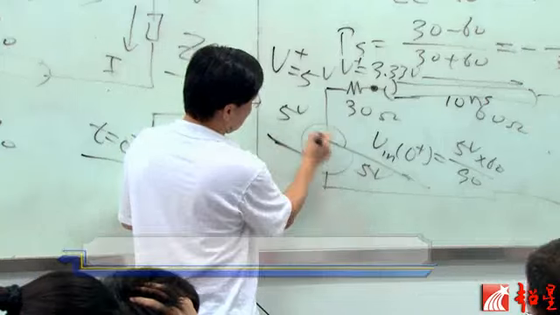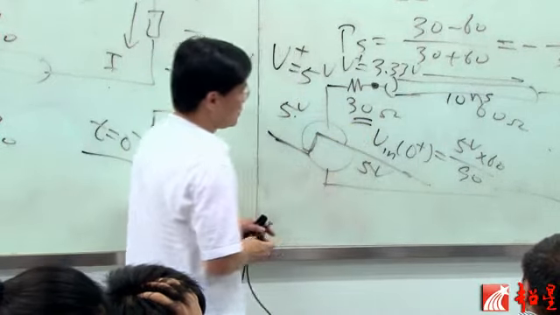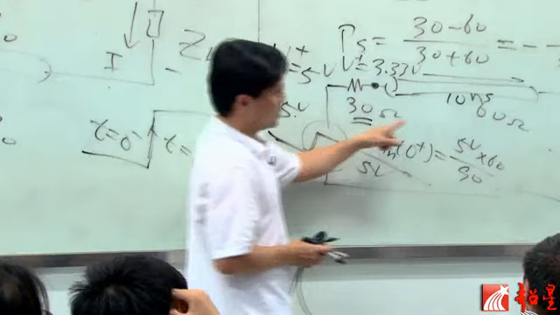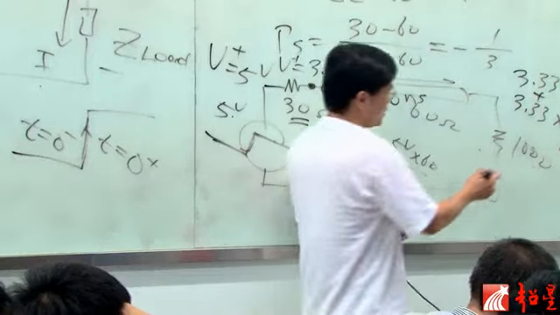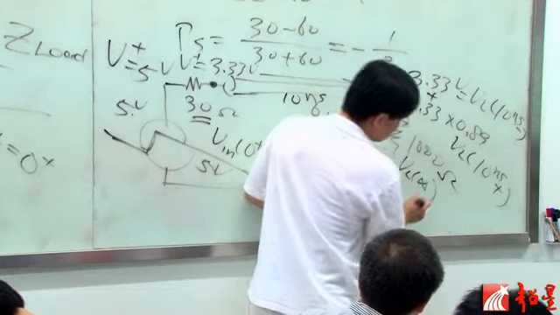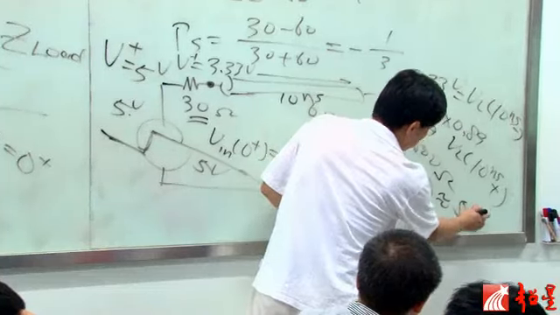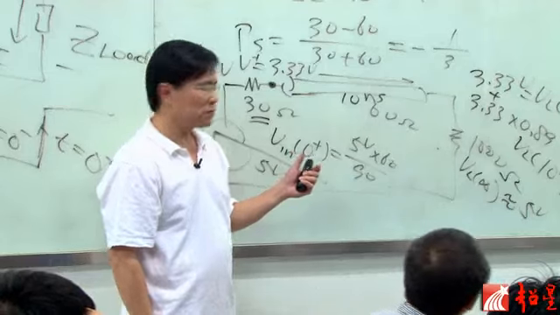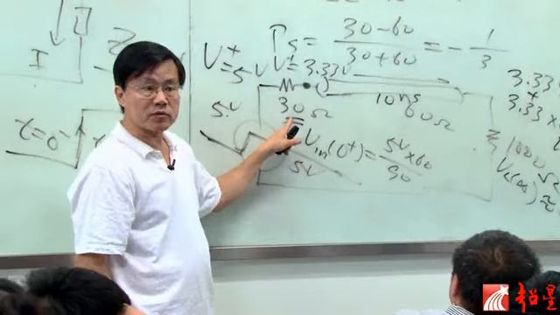The step is a 5-volt step, right? And the source impedance is 30 ohms. The load impedance is 1,000 ohms. So the final voltage, VL when time goes to infinity, is about 5 volts, very close to 5 volts, because of the voltage division between 1,000 and 30 ohms.